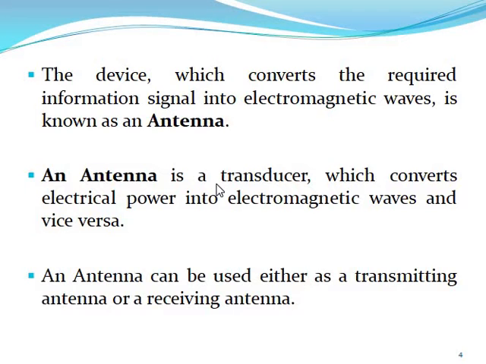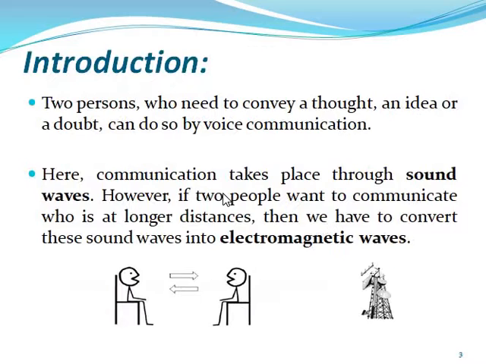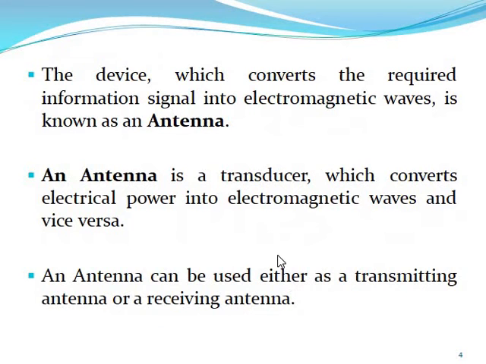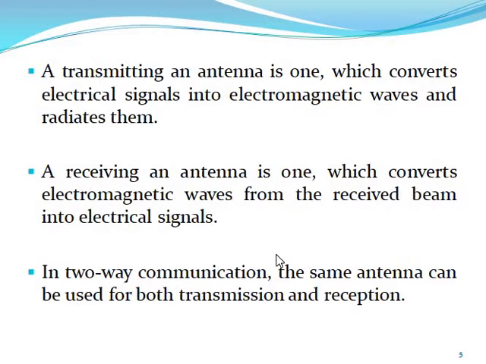An antenna can be used as either a transmitting antenna or a receiving antenna, so it is used as a transmission medium as well as a receiving medium. So this is the basic introduction of the antenna.